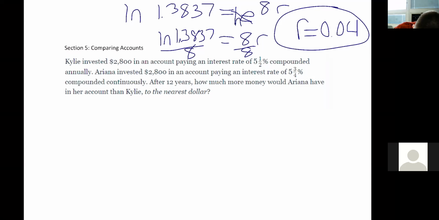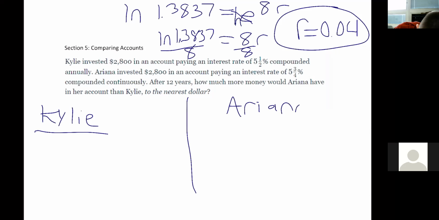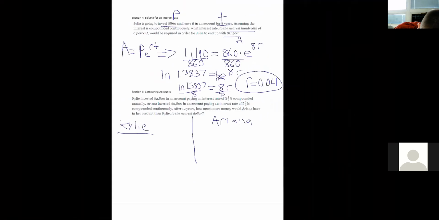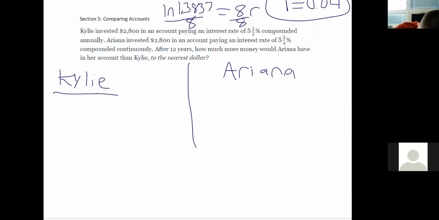So they're using 2 different formulas. If you notice, Kylie is compounded annually while Ariana is compounded continuously. So I'm going to do Kylie here, and we'll do Ariana. Kylie, we're using that first formula, so I'm just going to write the formula.